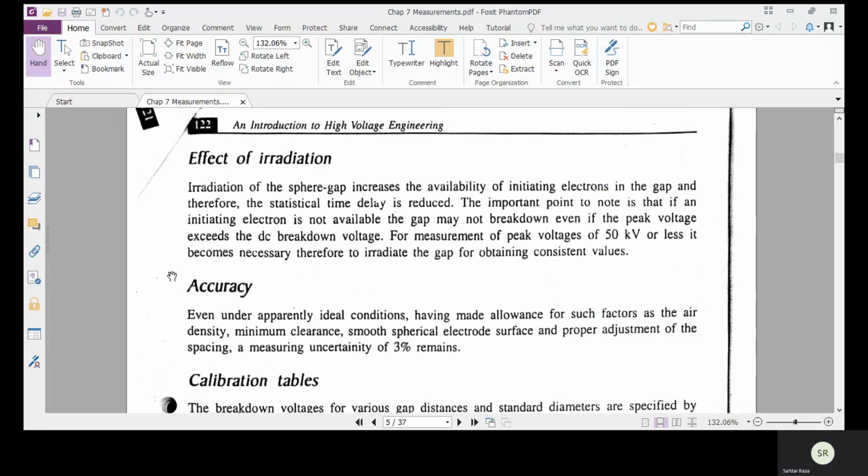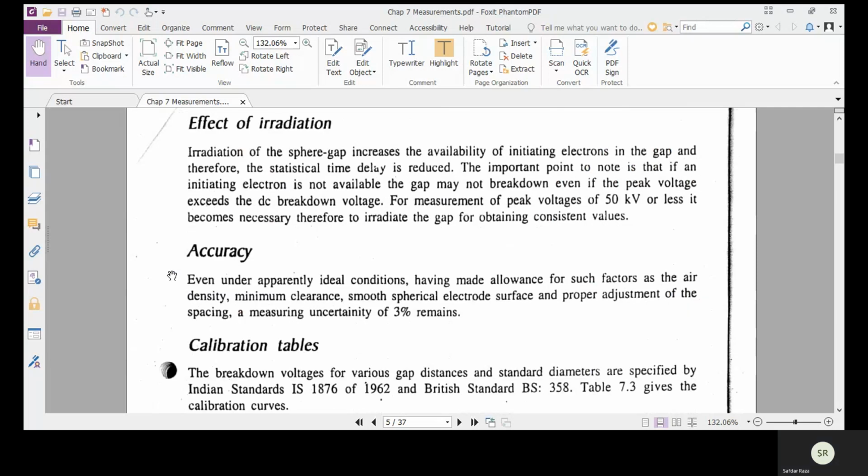But if we are going to measure high values of voltage, then there is no need. The effect of irradiation simply means that we need extra equipment to resolve the issue of the availability of the initiating electrons.